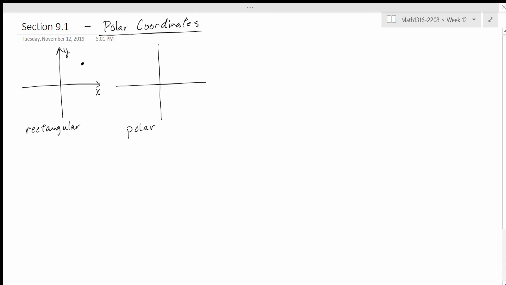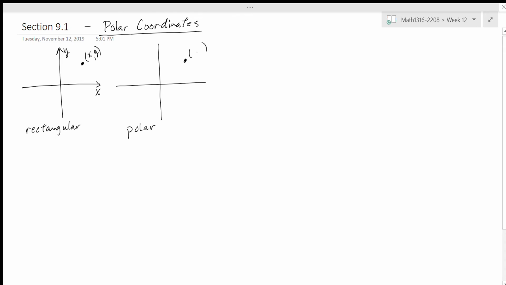In the rectangular coordinate system, we have these things called points, also known as ordered pairs. And what two letters make up an ordered pair? See, y'all are familiar with the rectangular coordinate system. Okay, in the polar coordinate system, we also have points.